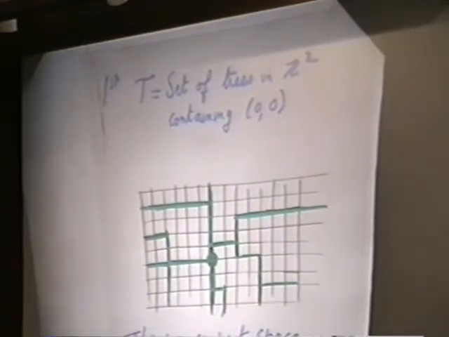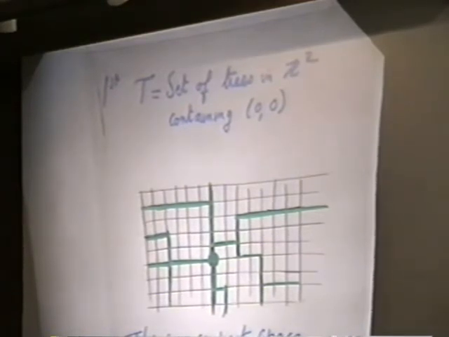So I'm looking at the set of trees containing the origin and having the property that everything is drawn on this lattice. I've drawn the lattice in black, and the green part is one element of that set.